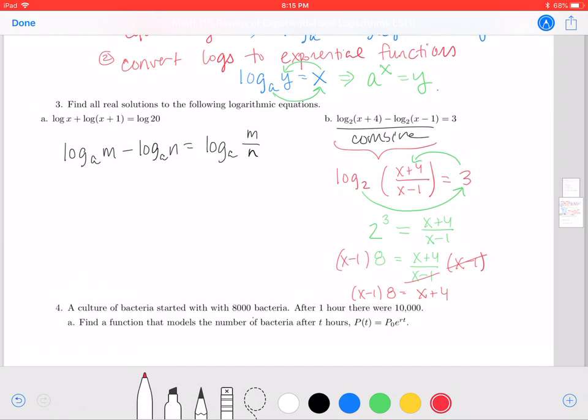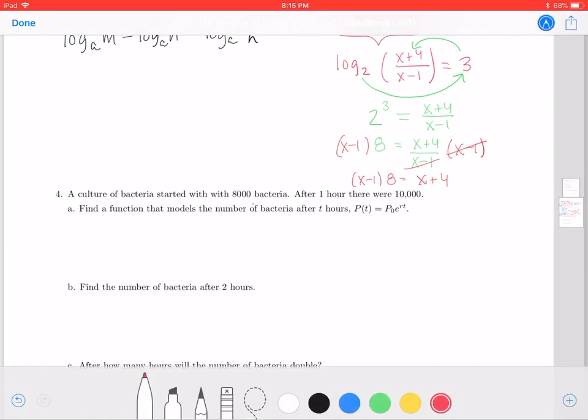Keep doing algebra. I'm running out of room, so I'm just going to go down to the next part. We'll just continue. Going to multiply out the left side. So x minus 1 times 8 would give me 8x minus, sorry, 8x minus 8, excuse me, is equal to x plus 4. To get x by itself, I'm going to combine the x's.